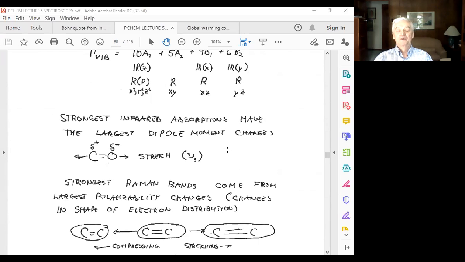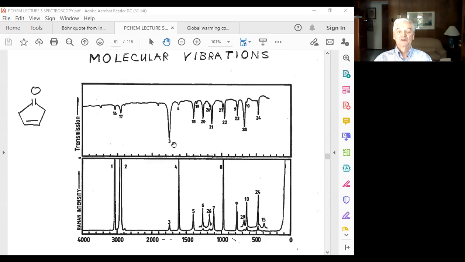When we go looking at the spectra, the strongest infrared absorption is going to be the one with the largest dipole moment change. So we have a carbonyl group. The carbon atom has a partial positive charge. The oxygen atom has a partial negative charge. So if you look at the spectrum, this is the carbon-oxygen stretching band, and you can see it's the strongest.